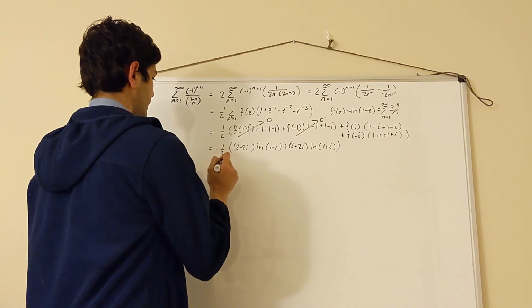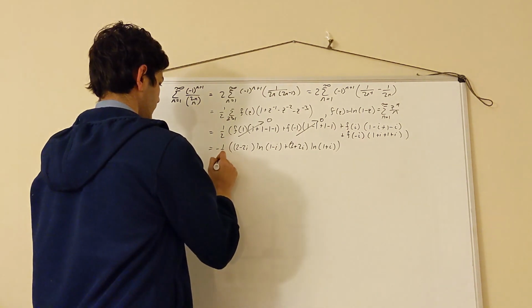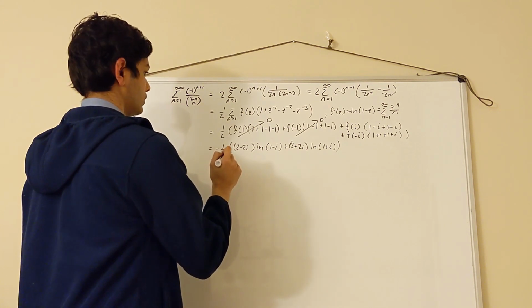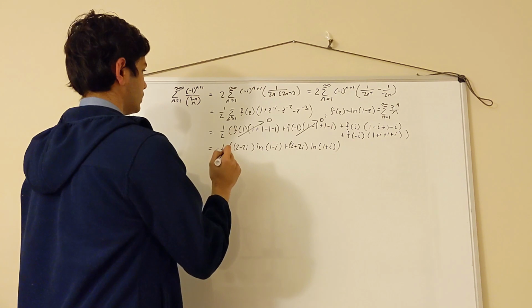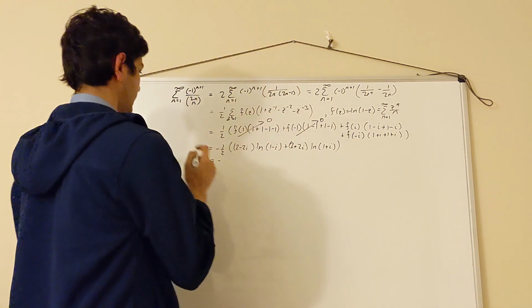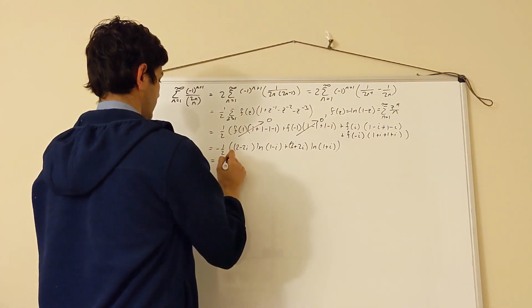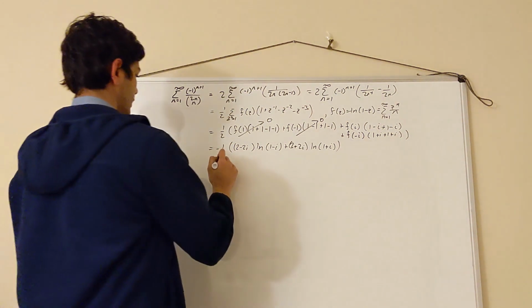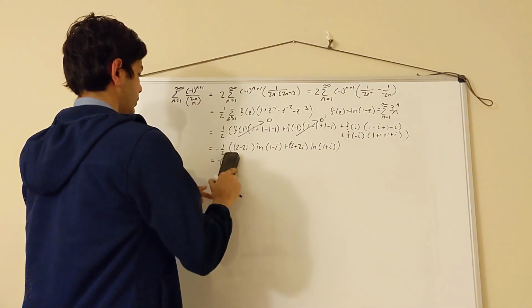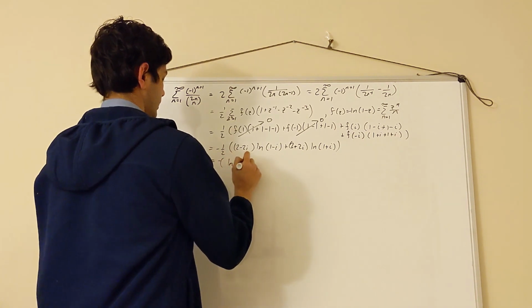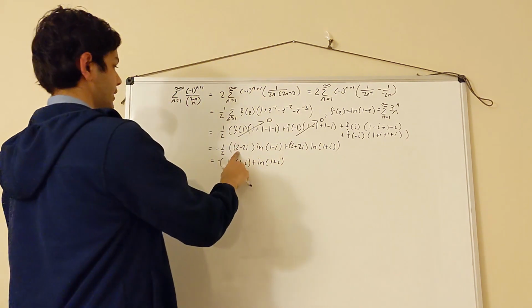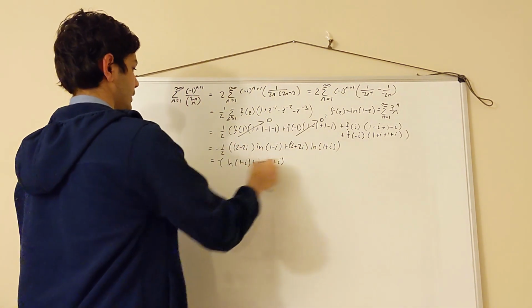So what you end up with is negative 1, yeah, so this becomes negative quantity natural log 1 minus i plus natural log 1 plus i. And that's just grouping together the 2 and 2, and putting the 2 and i and them together.